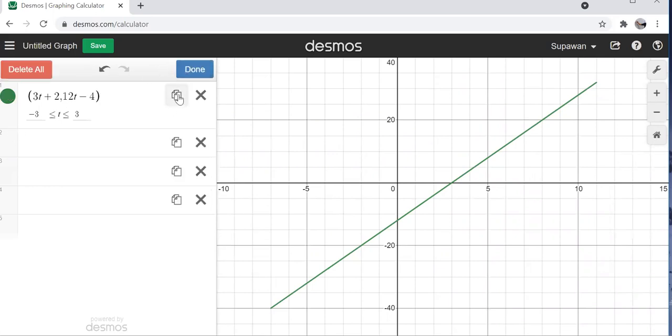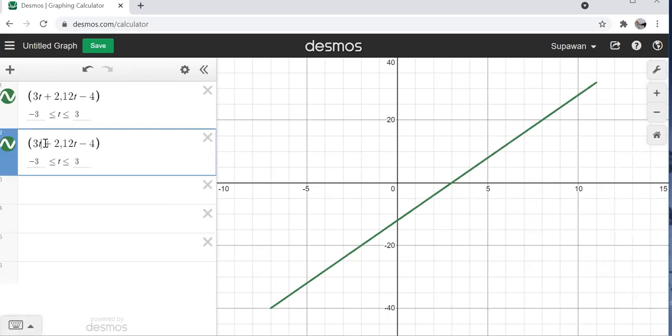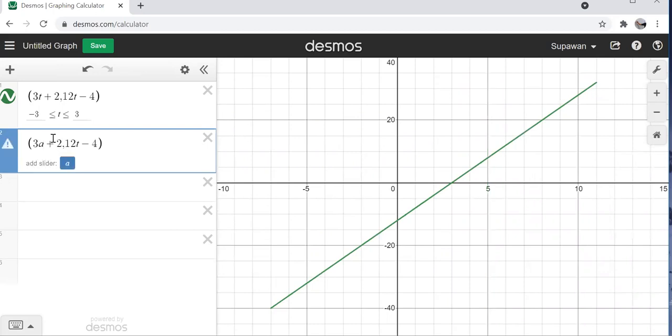Next, I'm going to show you the trajectory, or the orientation, of the graph. For t, we're going to change to another parameter, so change it to a. You can change it to anything, because t is already reserved for the parametric equations.